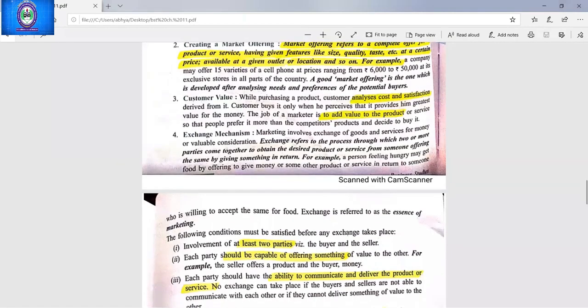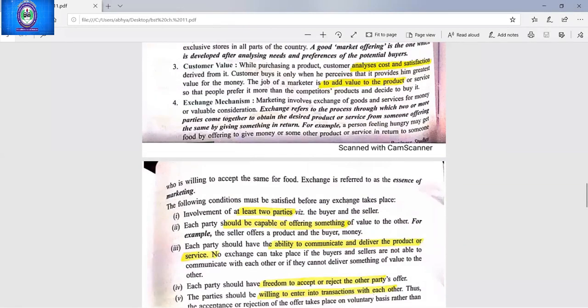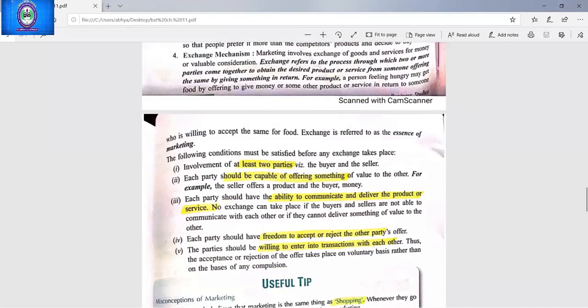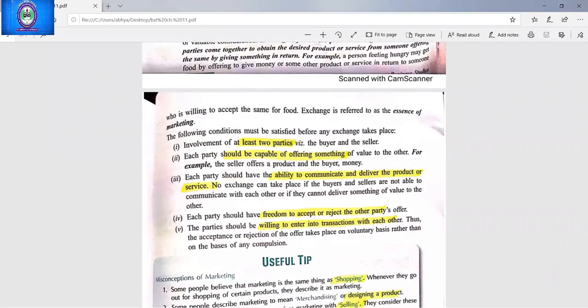So some requirements are there for exchange mechanism. What are those requirements? Otherwise, exchange will not take place. First, at least two parties must be there. One is the buyer and the other one is the seller. Second requirement, each party should be capable of offering something of value for others. Suppose the mobile seller is having a mobile, but you are not having money. So it means you are not capable of buying that mobile.